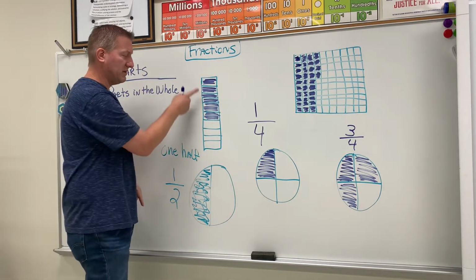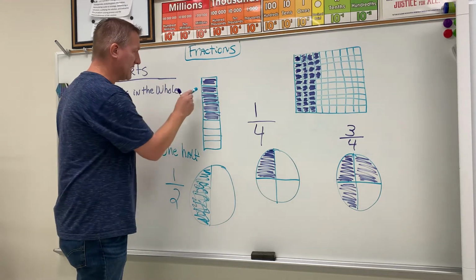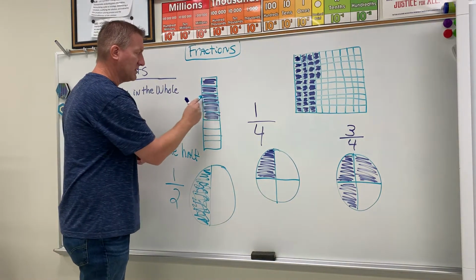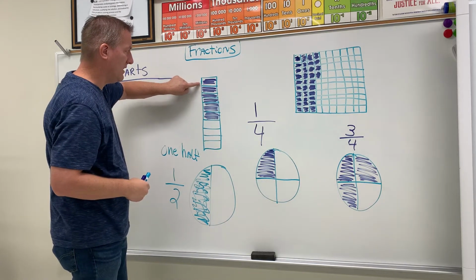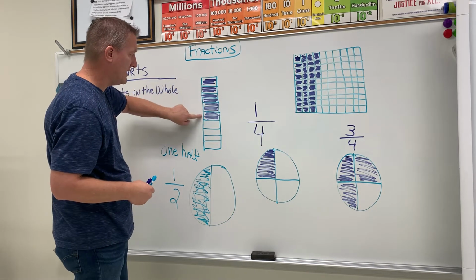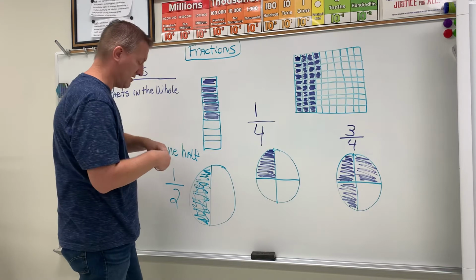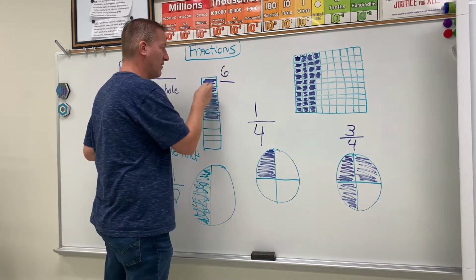So let's look at this picture. Now it might be a little harder to see on camera, but there are lines in between these. So there's 1, 2, 3, 4, 5, 6 parts, aren't there? There's 6 parts out of how many?